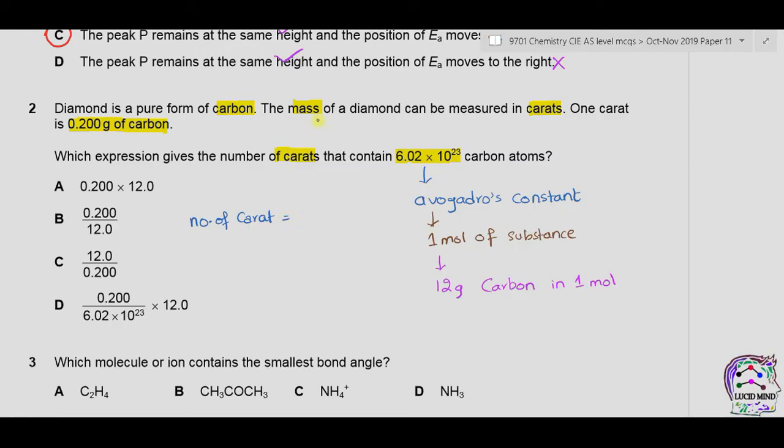So number of carats is equal to mass in grams divided by 0.200 grams. As 1 carat is 0.200 grams of carbon, so in 12 grams of carbon we would have 12 divided by 0.200 grams. This expression is the same as the one given in part C. Therefore C is the answer.